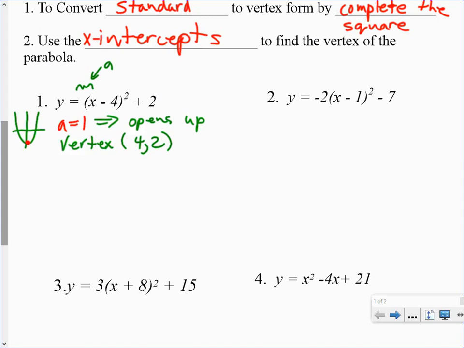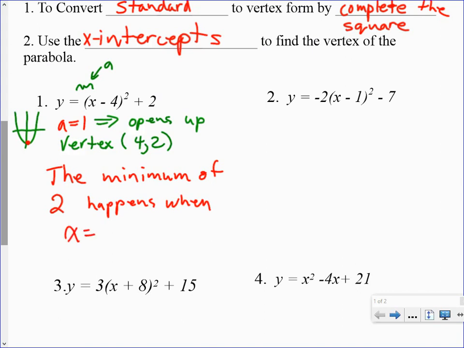So when you respond and you tell me whether this is a maximum or minimum, you're going to tell me that from our vertex and our picture, we can say the minimum of 2, which is our y value, happens when x is equal to 4.